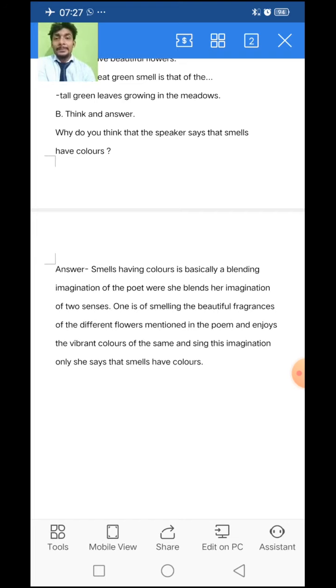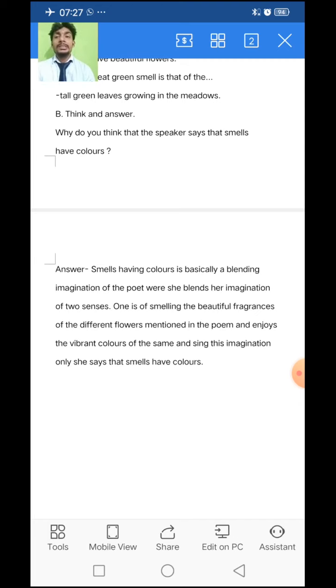And that is why she means to say that smells have colors. Let me narrate once again: smells having colors is a kind of imagination, because it's not possible for smells to have colors.